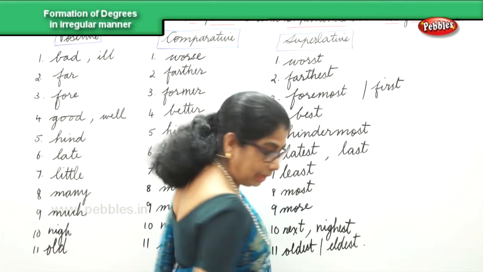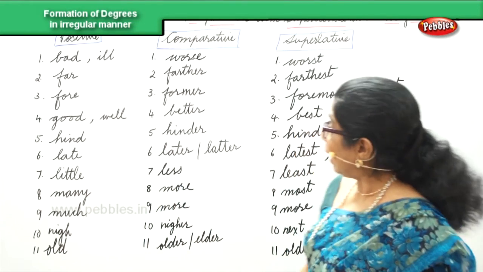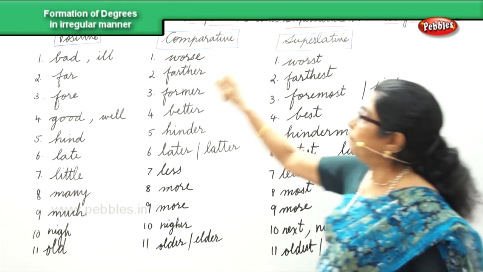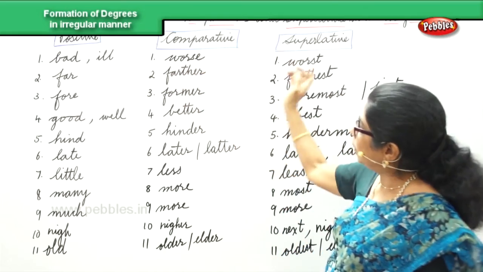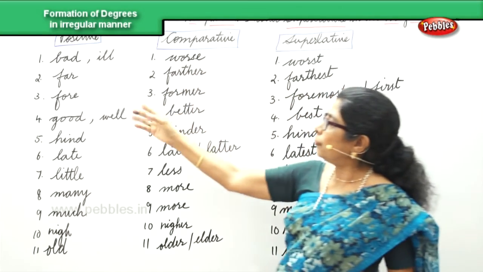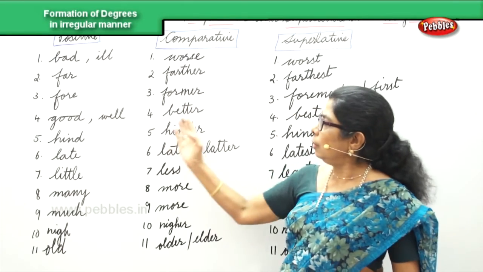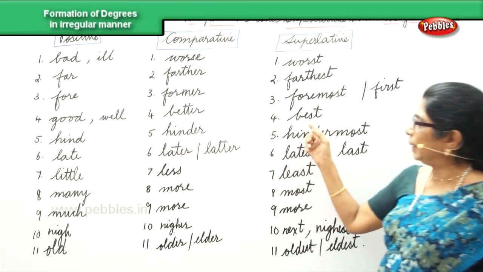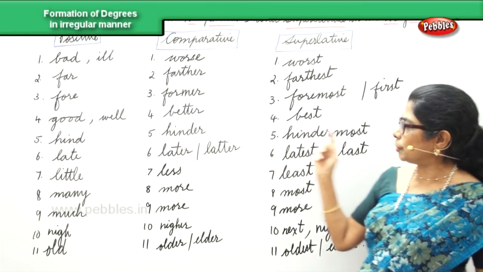So what did we say? Here we are looking at the formation of superlatives and comparatives both in an irregular way. Bad, worse, worst. Ill, worse, worst. Far, farther, farthest. Fore, former, foremost or first. Good, better, best. Well, better, best. Hind, hinder, hindmost.